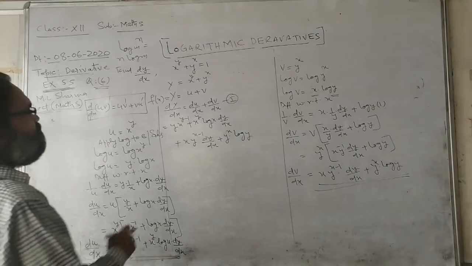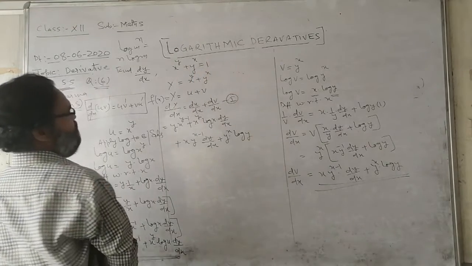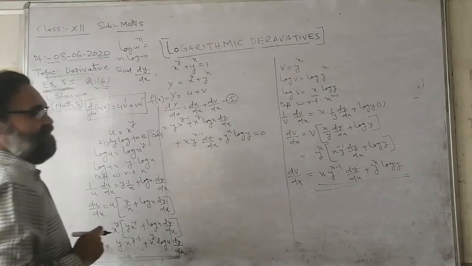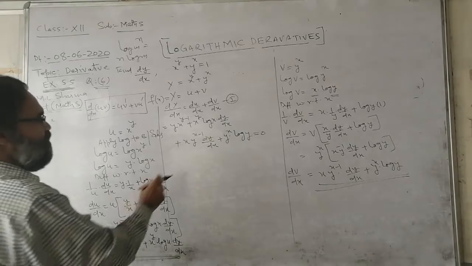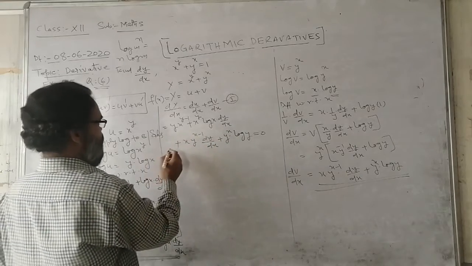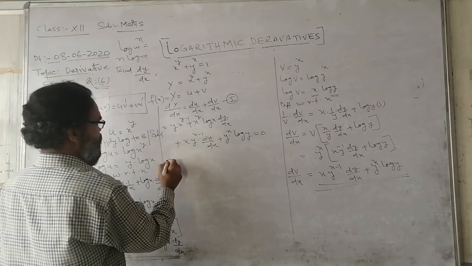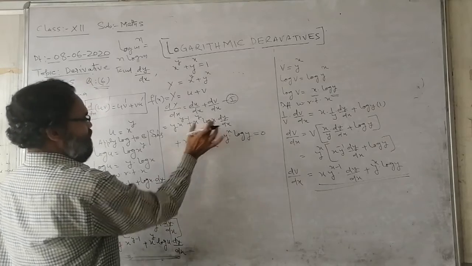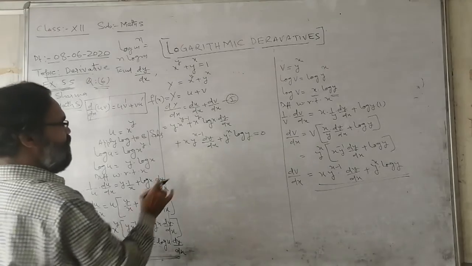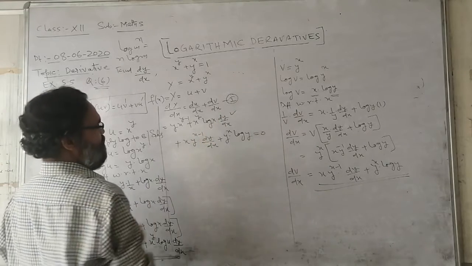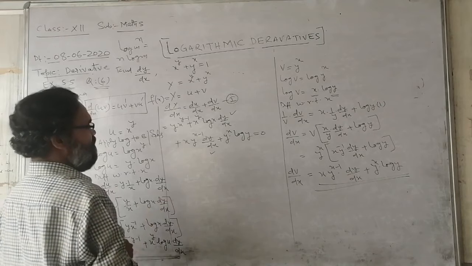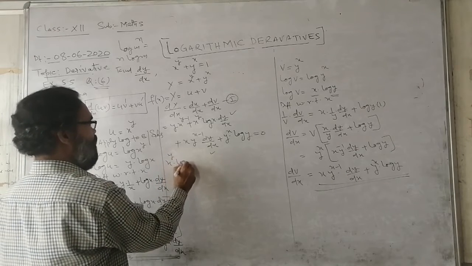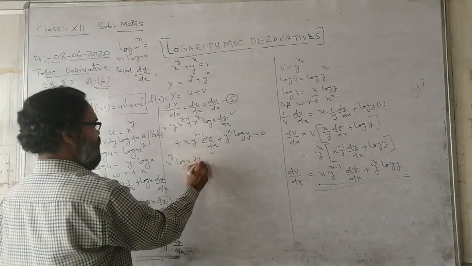Now this is equal to 1, so that means this constant derivative is 0, so this whole term will be equal to 0. So I can write here I have 4 terms, so out of 4 terms dy upon dx and dy upon dx, these are the 2 terms. I can write x power y into log of x dy upon dx.